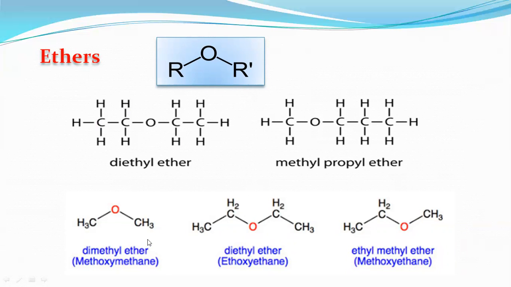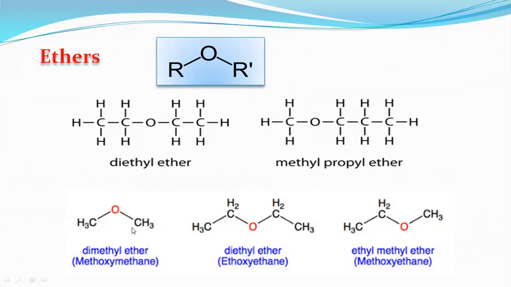See one more example, diethyl ether. If you are to give its IUPAC name, these are referred to as alkoxyalkanes. For dimethyl ether, methoxymethane, one group is considered an alkoxy group and the other group is referred to as the parent alkane.